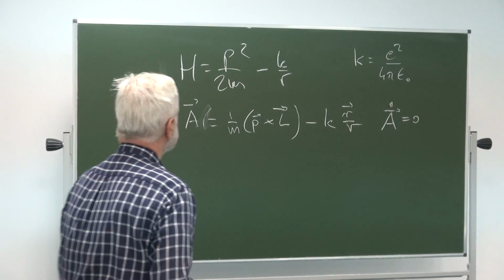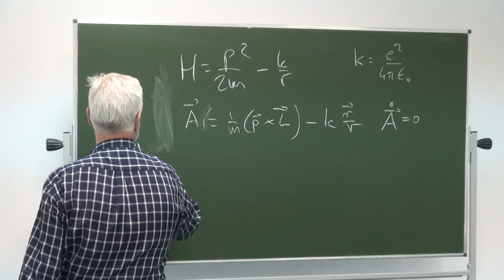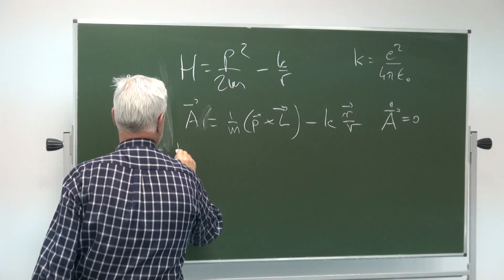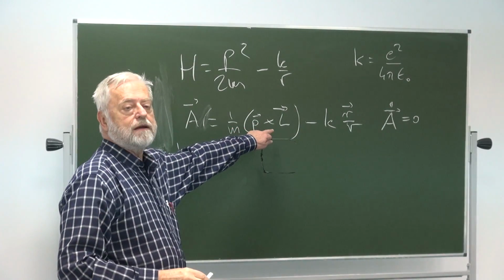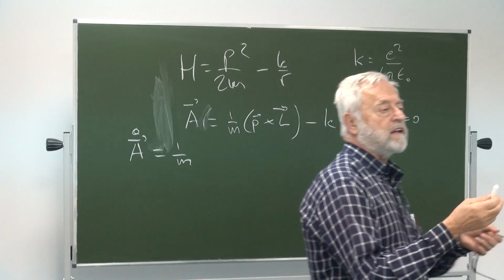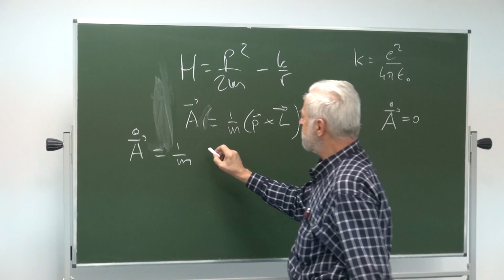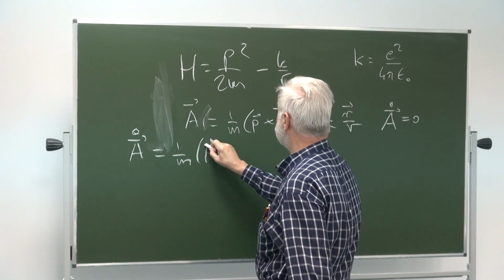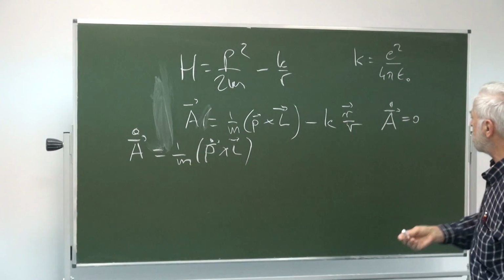It's not difficult to check that indeed this is the case. Let's differentiate A with respect to time. It's 1 over m, of course. And now L we know is a constant of motion for any central force. So out of these two guys, we have to differentiate only the first one, namely momentum, because the other term is 0, right?